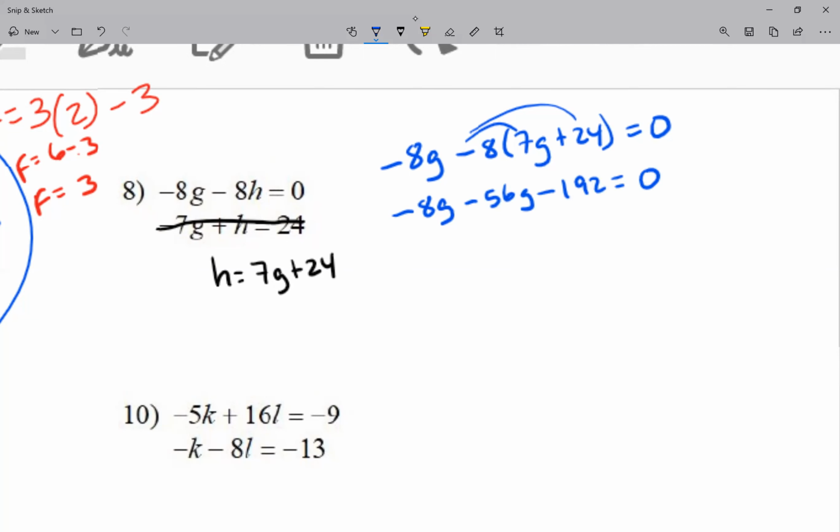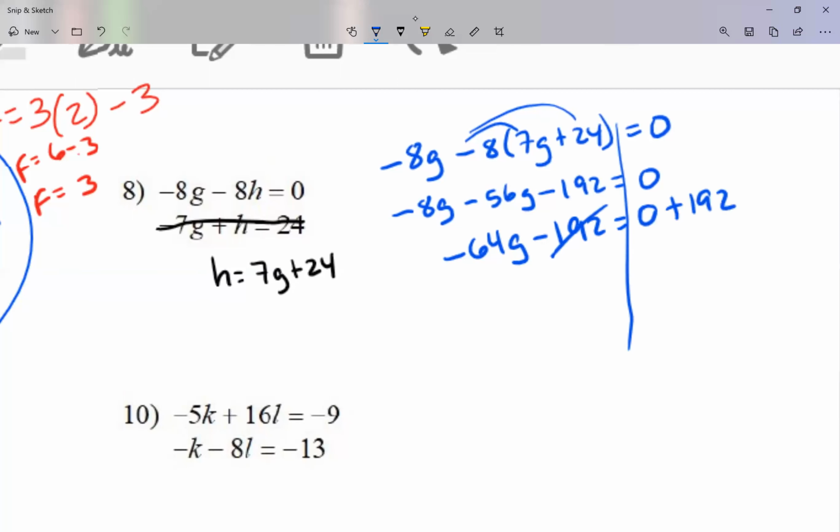I see the g's. I can combine those, right? Negative 8, negative 56. That gives me negative 64. So I have negative 64g minus 192 is equal to 0. Separate my sides through the equal sign. I want this minus 192. I'm going to move it to the other side as a plus 192. So I have that negative 64g is equal to positive 192.